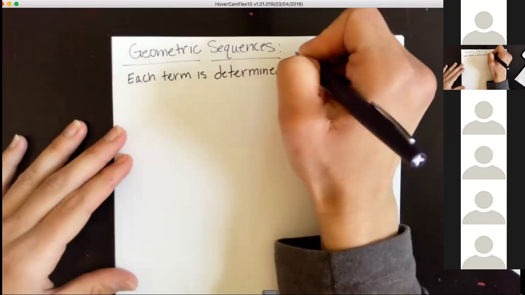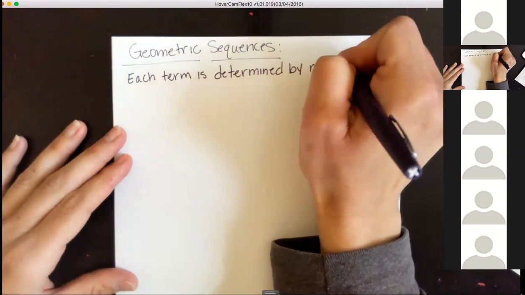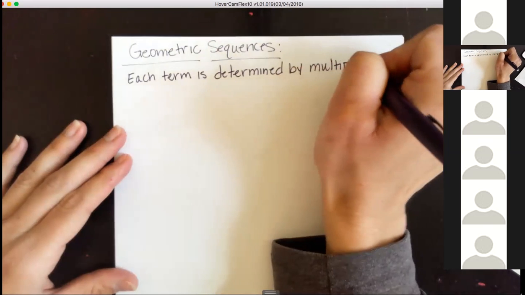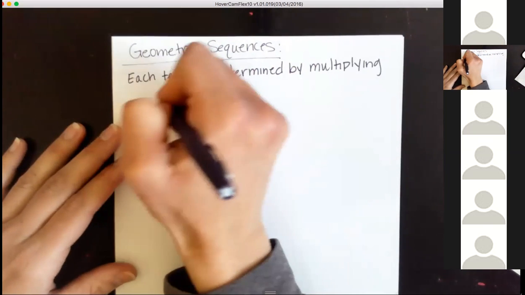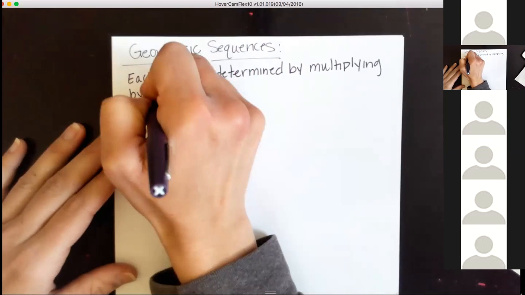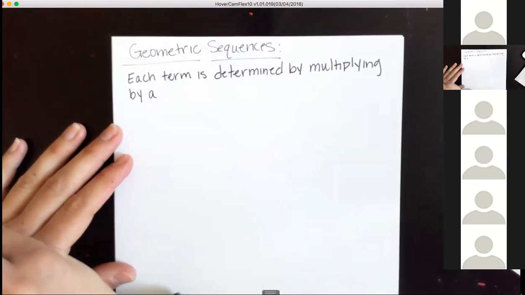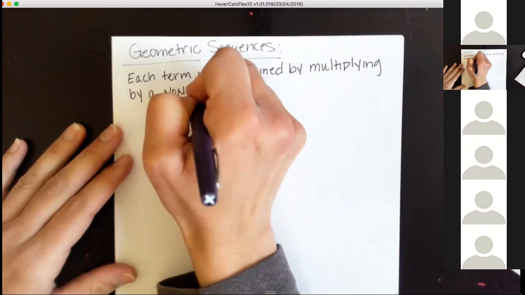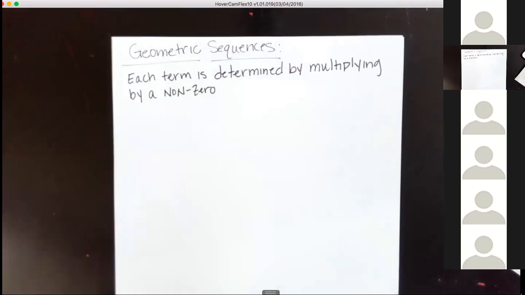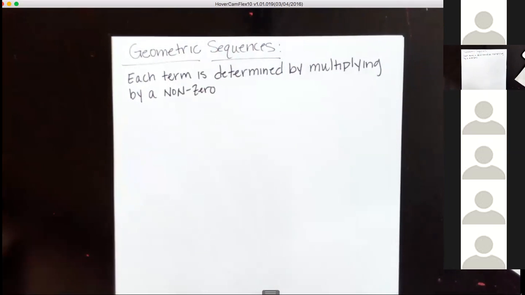This time by multiplying by a non-zero, which I think is kind of interesting. We're not going to multiply by 0 or else it just is gone.